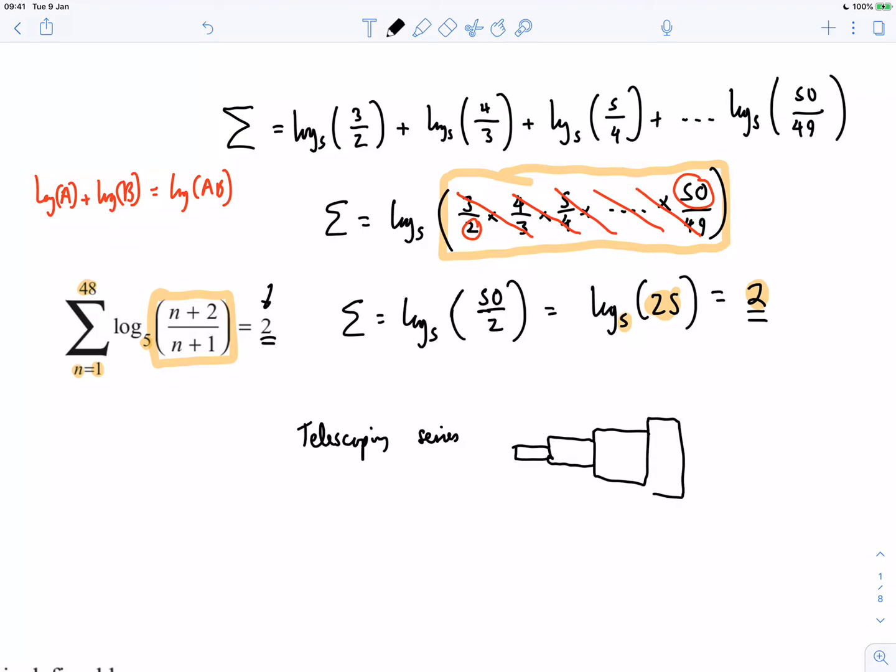Then imagine the telescope was particularly long, and then you can squish it down into a single bit. So there's no particular reason why it's called a telescoping or telescopic series, other than all the terms kind of cancel and it shrinks down like a telescope.